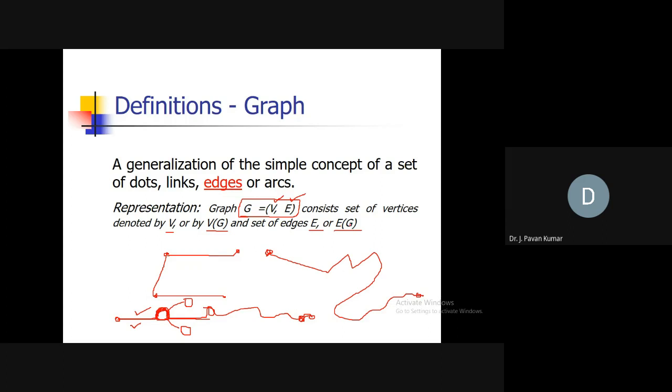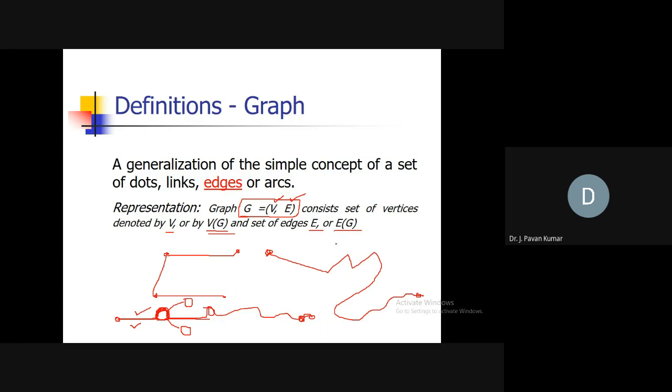We use this kind of notation in general when we have two graphs, say G1 and G2, with G1 = (V, E) and G2 = (V, E). Then how can we differentiate the vertex sets of G1 and G2? In that case you can use the notation V(G1), the vertex set of graph G1, and E(G1), the edge set of graph G1.